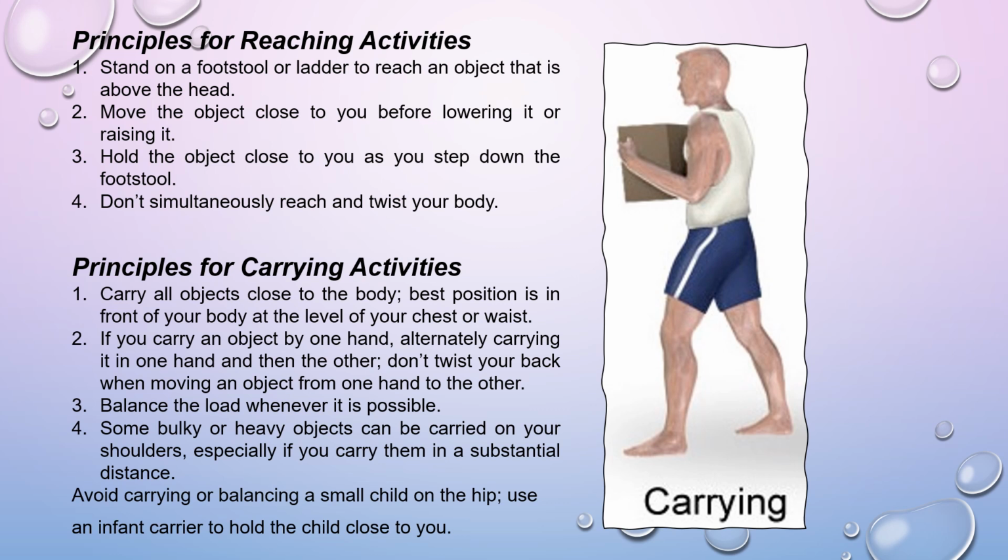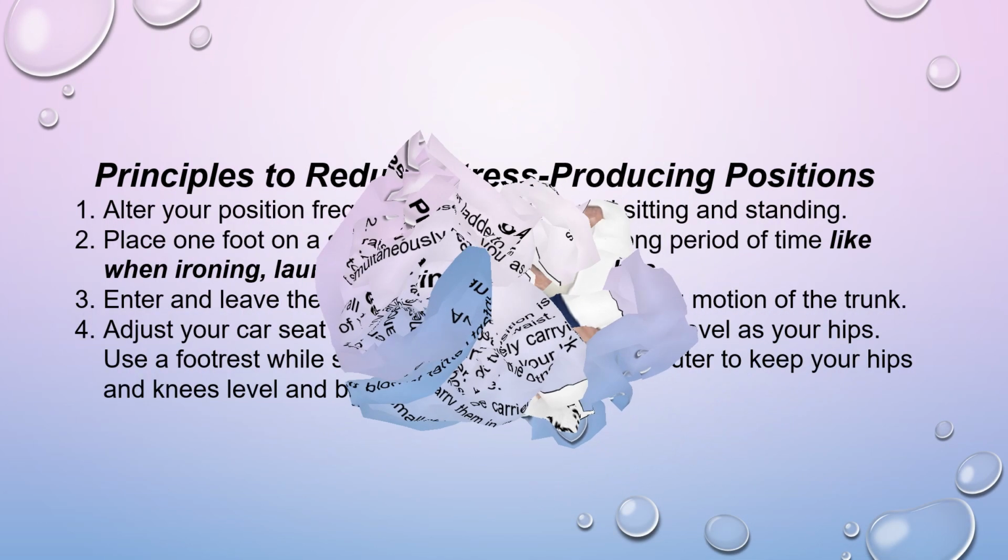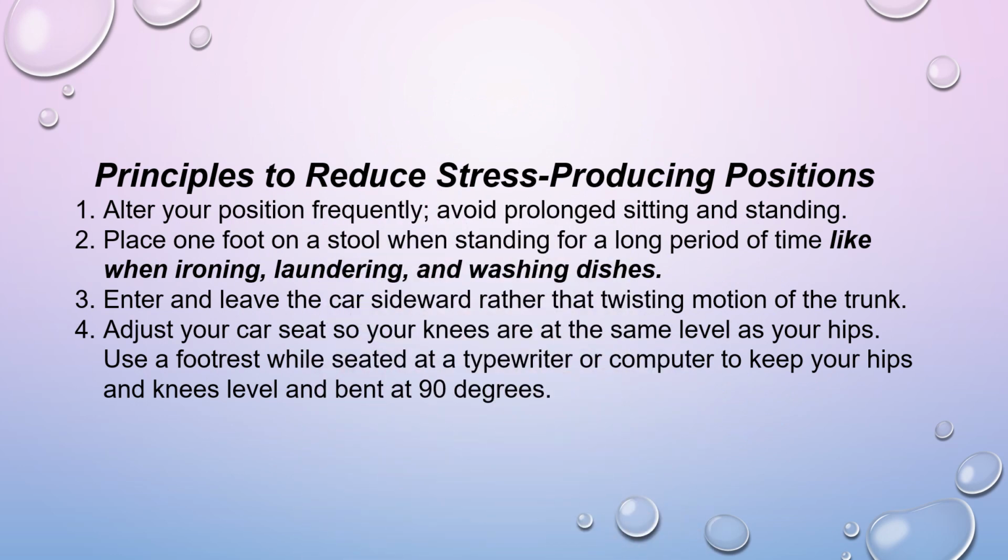Dalawang shoulder blades niyo, may backpack po siya. And avoid carrying or balancing a small child on the hip. Why? Use an infant carrier to hold the child close to you. Bakit po? Aside from the client's leg would be deformed, of course, you are not practicing proper body mechanics.